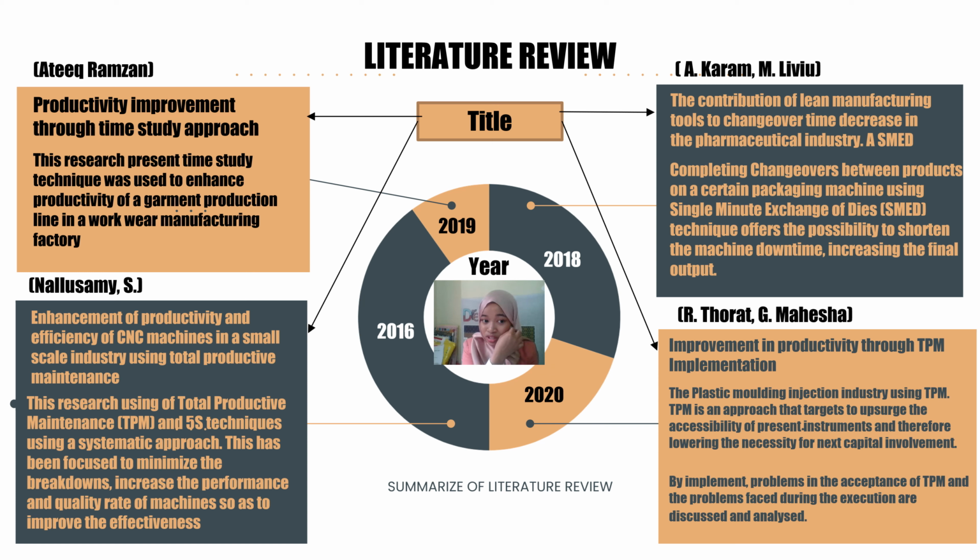This research used total productive maintenance TPM and 5S techniques using a systematic approach. It focused on minimizing breakdowns and increasing the performance and quality rate of machines so as to improve effectiveness. The journal also showed me how to calculate overall equipment effectiveness, OEE, to get the performance and quality of the process.